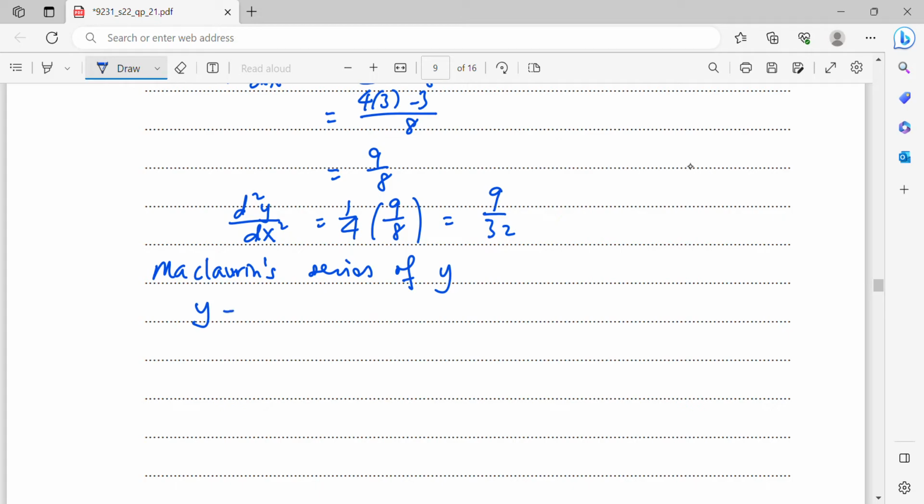So y equals to y0 plus y prime. Okay, I don't want to use dy dx. I use y prime. That will be better. y prime 0 times x plus y double prime 0 times x squared over 2 factorial plus dot dot dot. That is the Maclaurin series.